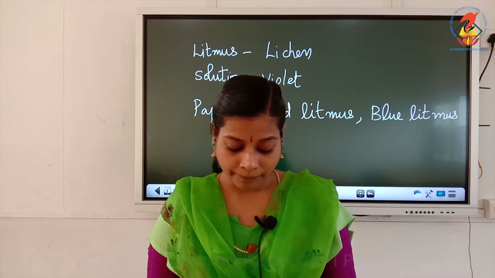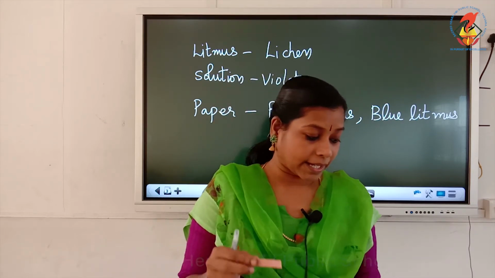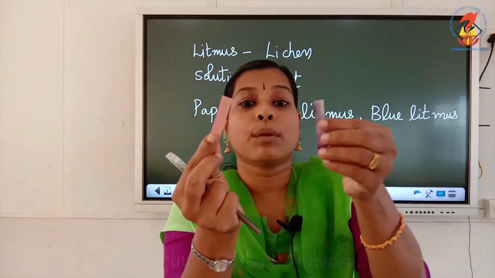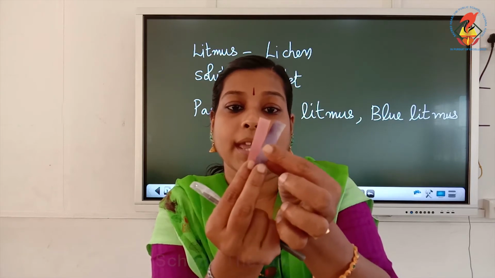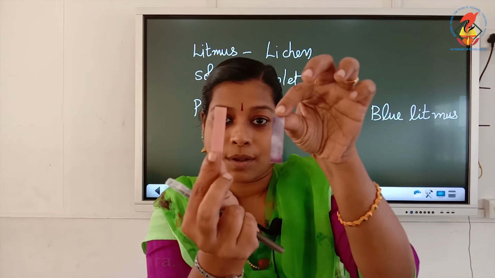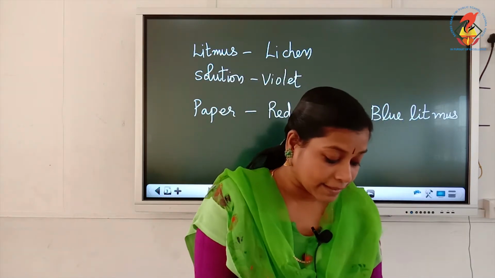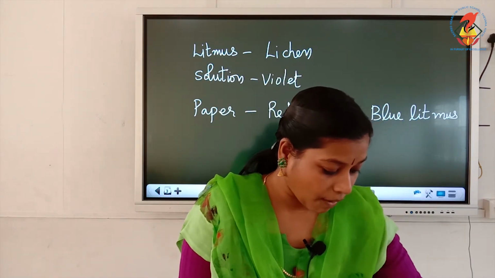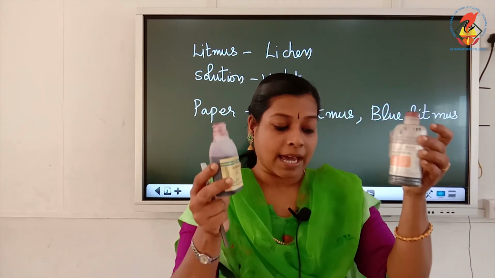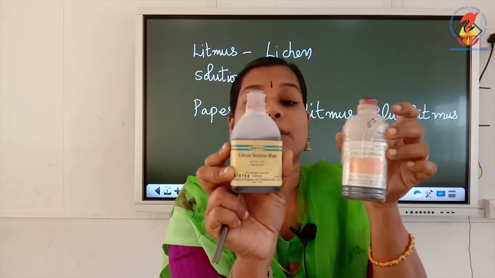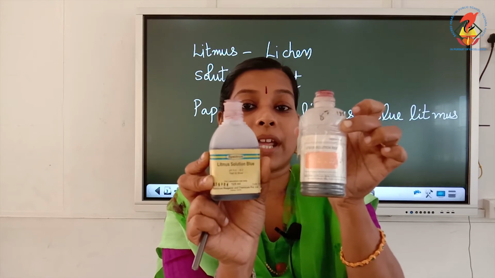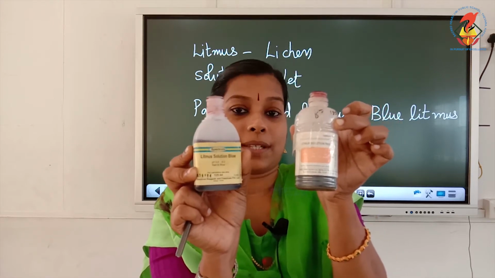I will show you. This is the red litmus paper. And this is blue litmus paper. Red and blue color will be there. Clear? And it is also available in the form of litmus solutions, red litmus solution and blue litmus solution.